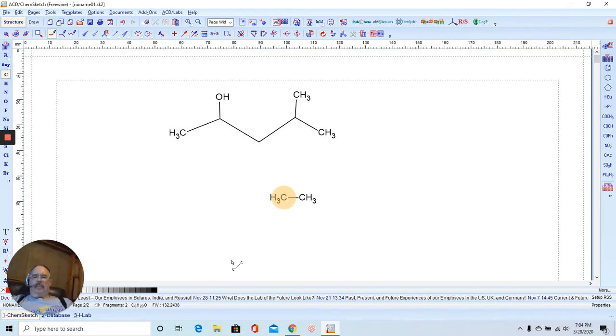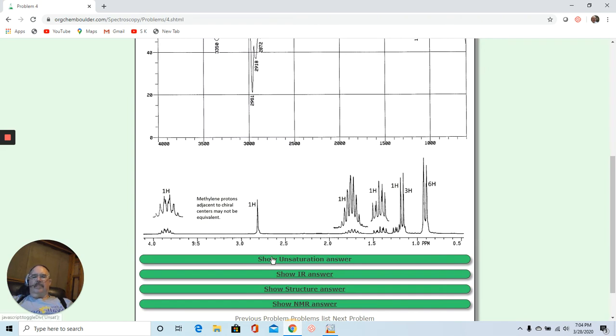So if we look at it, this is the CH on the carbon with the OH on it. We've got our two methyls. This is the methyl on the other side of the CHOH. And then we have one hydrogen buried in here.